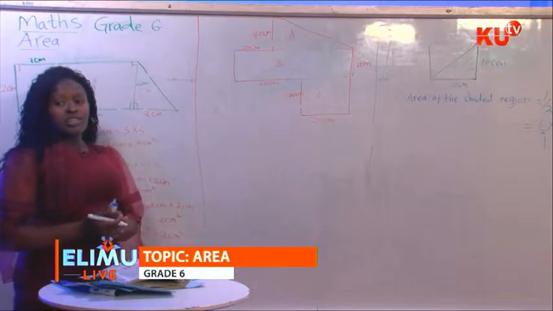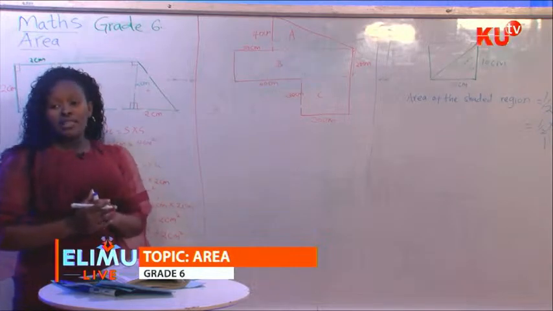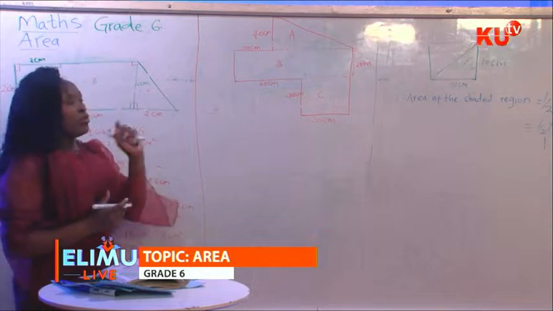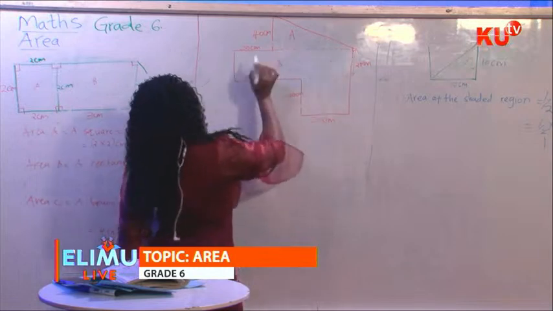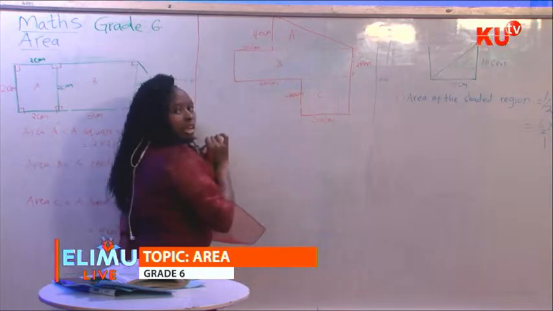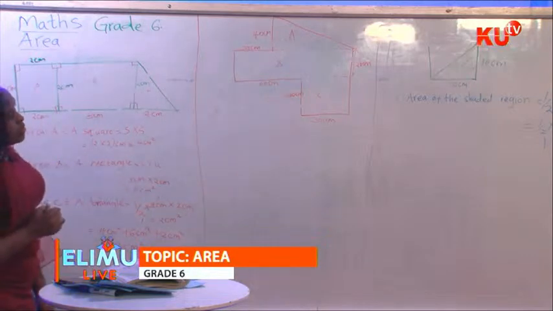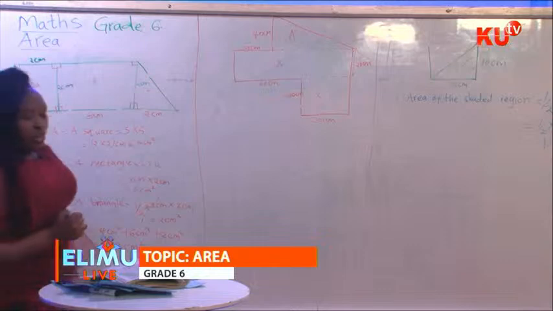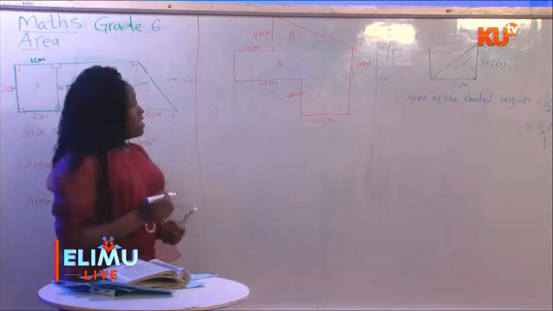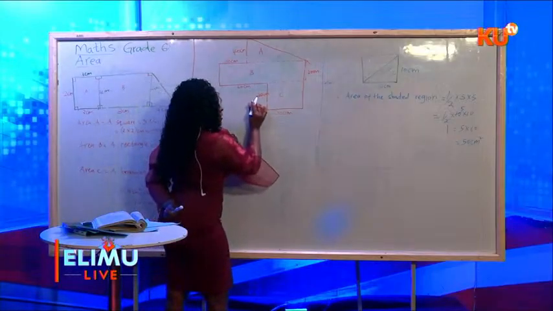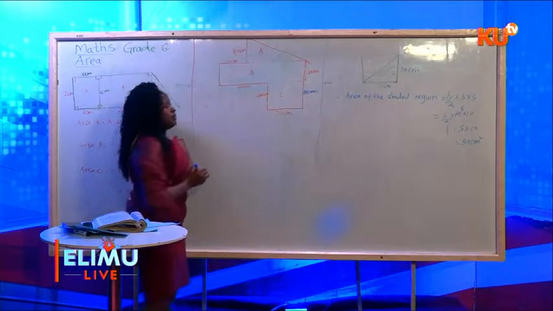So remember, for us to be able to find the area of a triangle, we are supposed to have the base or the length and the width. So this is the length of our triangle from here to here, and this is the width or the height of our triangle. So we ask ourselves, how can we find that area? We know that the opposite sides of a square are equal. So it means if here it is 30, the other side is also 30 centimeter.